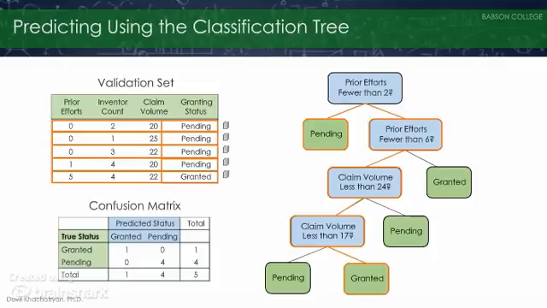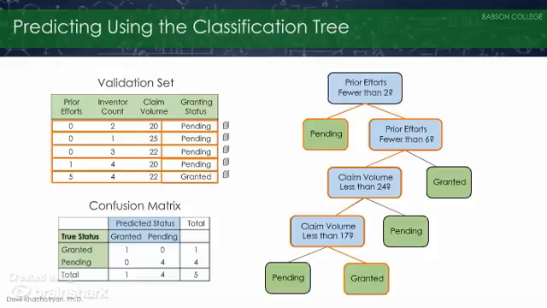We see that there were a total of 4 documents that were pending in our validation set, and all of them are correctly classified as pending. And that's the second element that you can see on the main diagonal, the number 4.